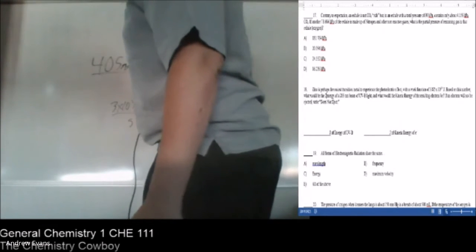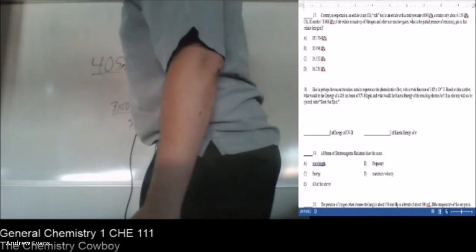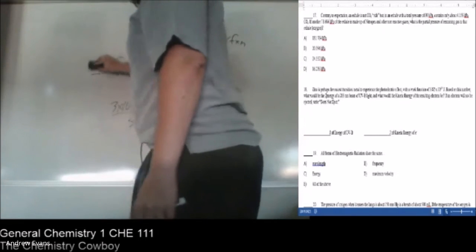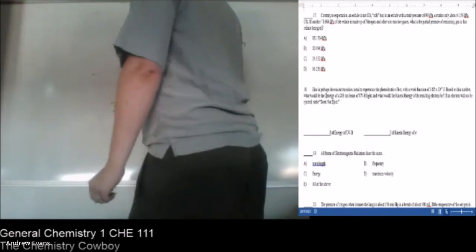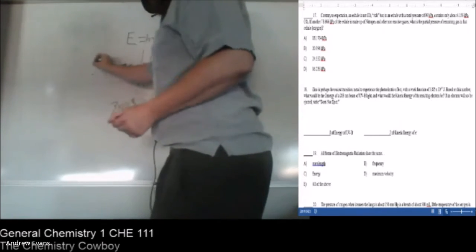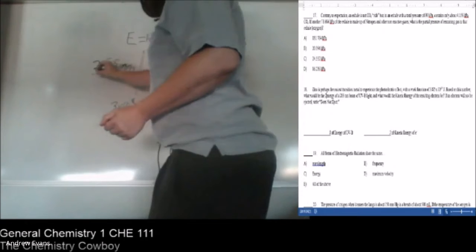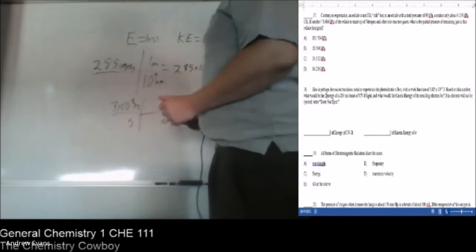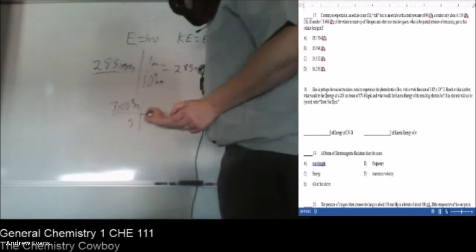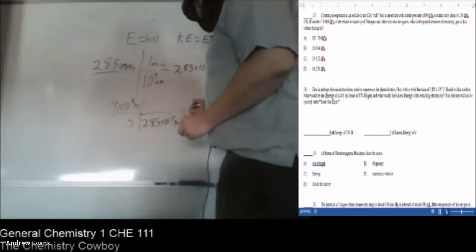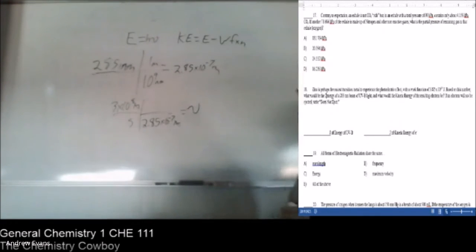So with that in mind, let's say 285 nanometers gives you 2.85 times 10 to the negative 7th meters. All this is very, very repetitious.